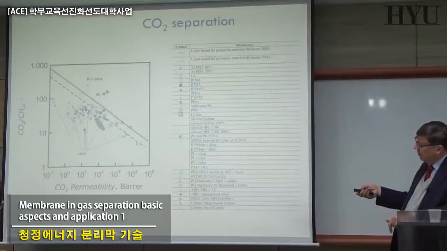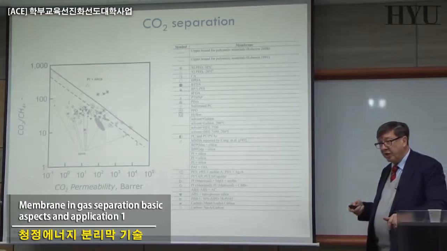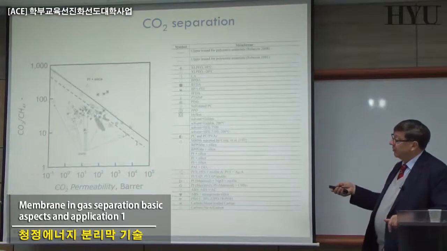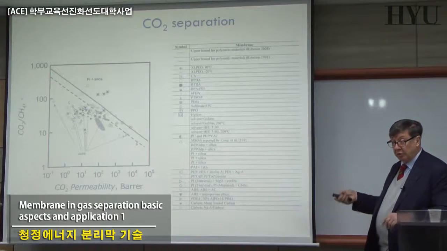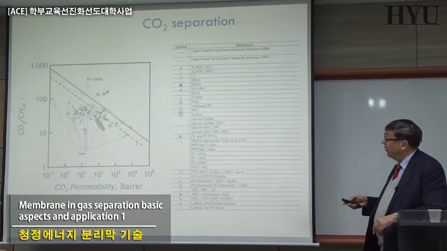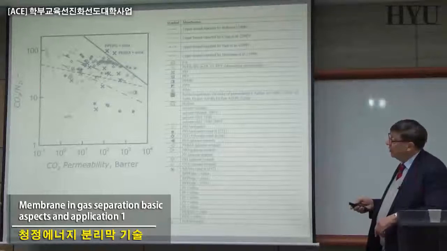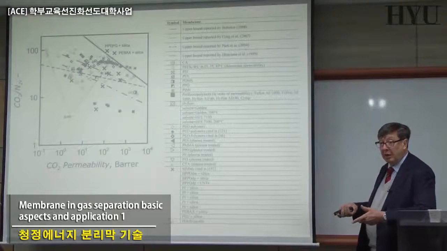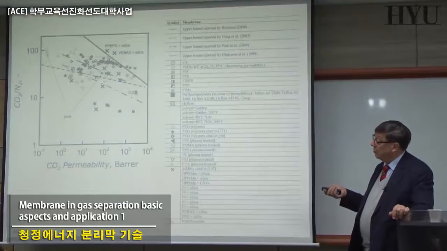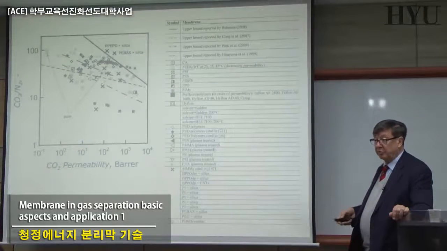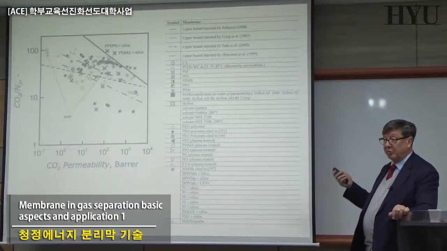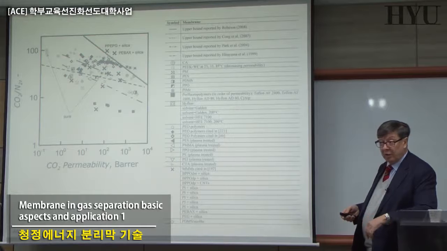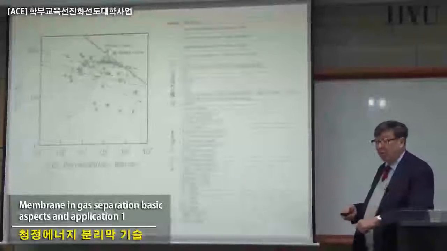Here, the separation, as you can see, is much higher than oxygen-nitrogen, of the order of 70, 80, which is a good number. In the case of CO2-nitrogen, which is the most important case today, because CO2-nitrogen means contributing to the solution of the problem of CO2 capture, that means global warming.